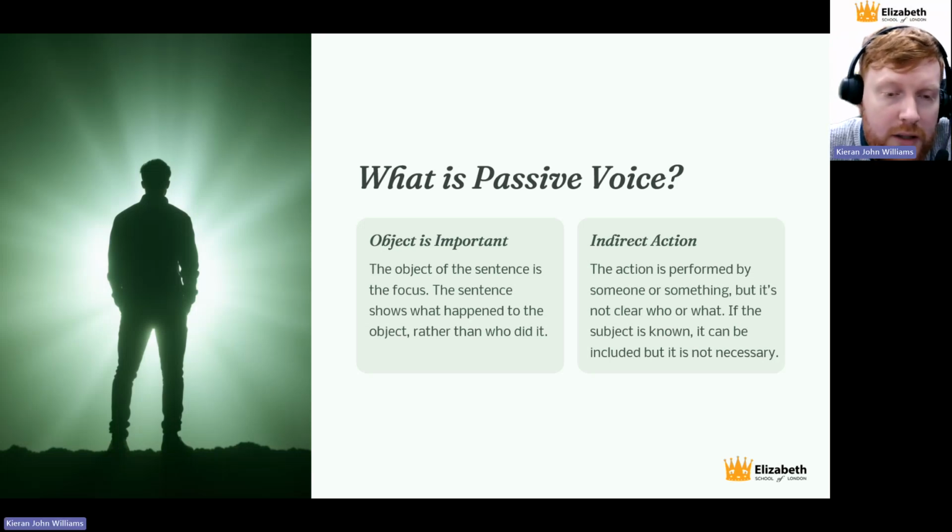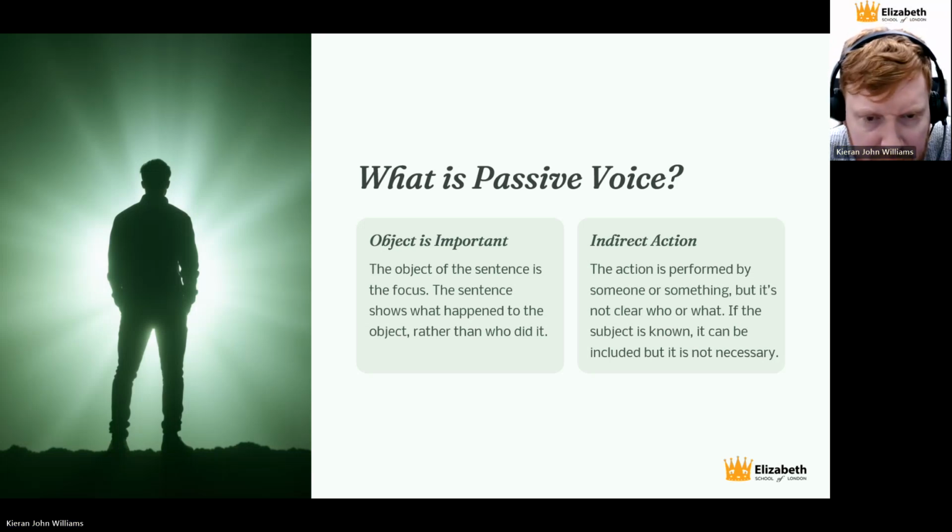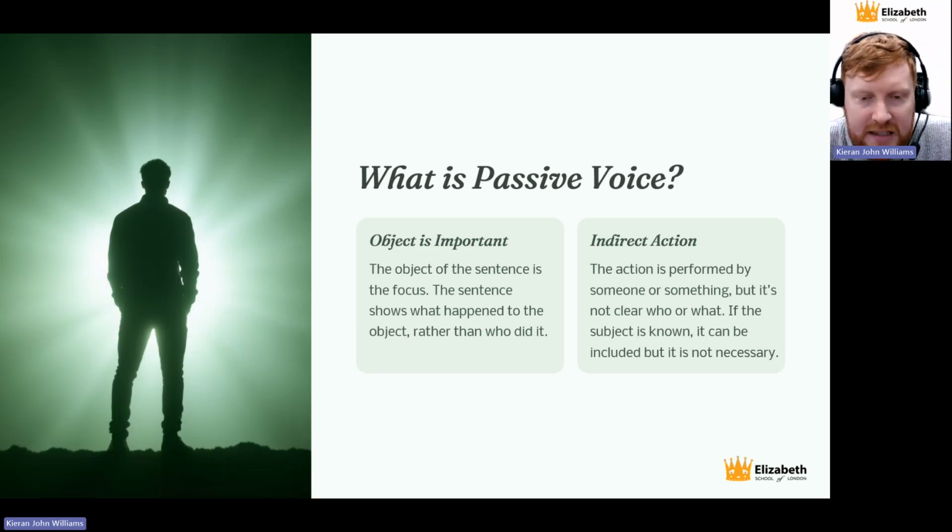Okay, so like we see here on the screen, the object is the important thing in the passive voice. Okay, because we want to show what happened to the object rather than the person or thing that did the action. Okay, so we know, of course, that the action has to be performed by someone or something, but in the passive voice, it's not important to actually say who did it.